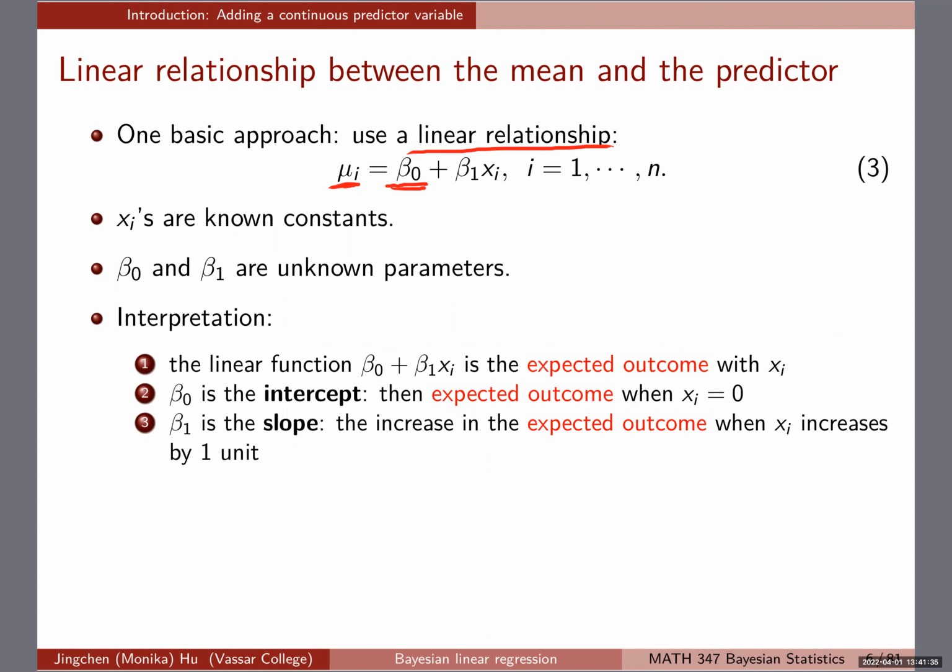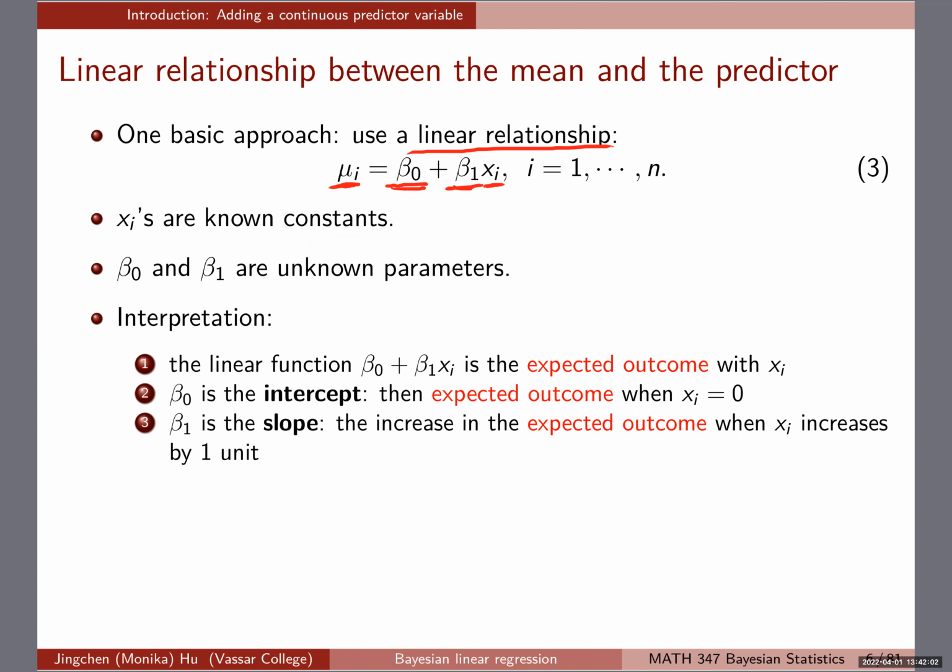So we have beta 0 as the intercept plus beta 1, which is the slope, multiplied with the predictor variable xi. Let me pause here for a little bit. Beta 0 and beta 1 are the unknown parameters in our model. That's why we use Greek letters for them. Xi, actually, are constants because they are given to us in the data set.